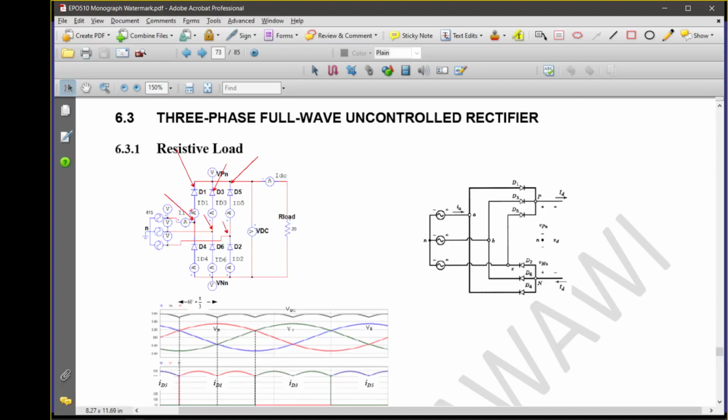So this is known as the midpoint of the diodes. D1, D4 is connected to the red, D3, D6 connected to the yellow phase, and D5 and D2 will be connected to blue phase.